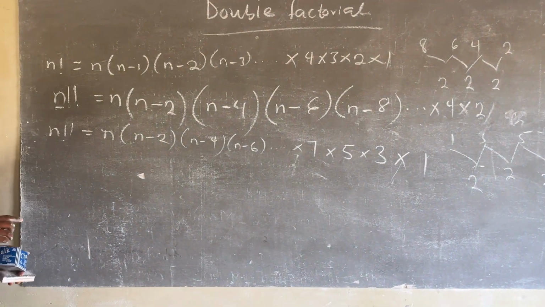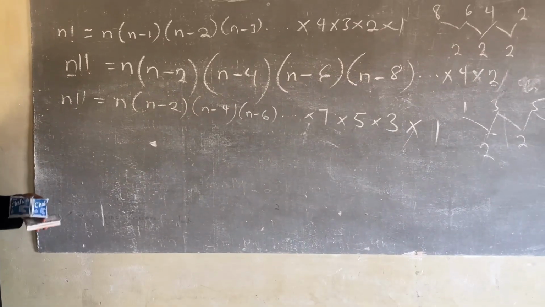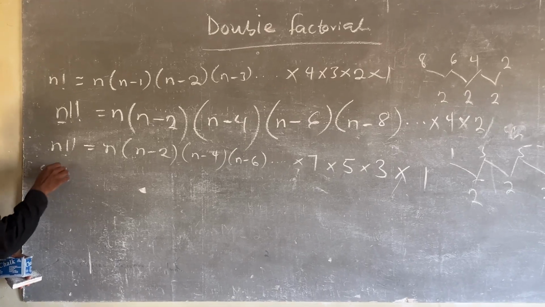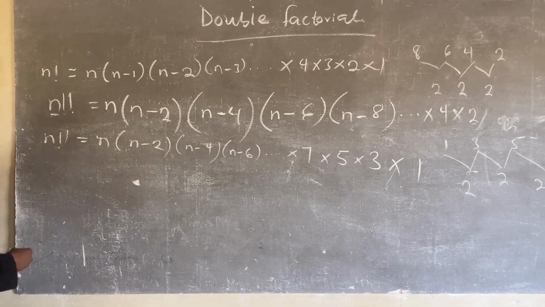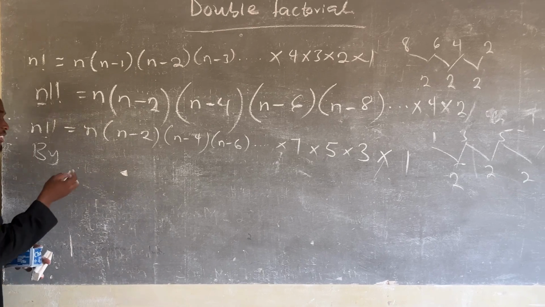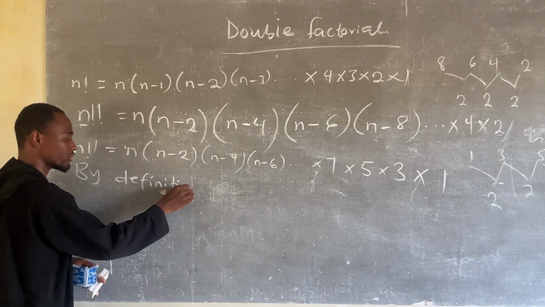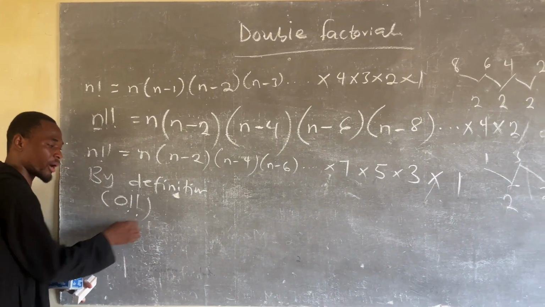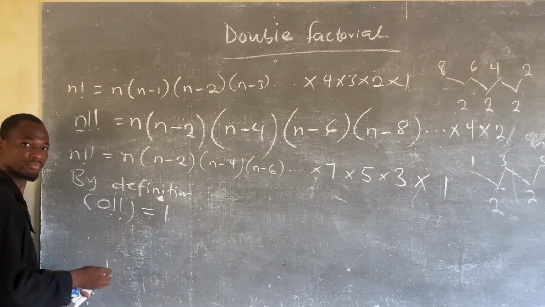So now, let us work out for double factorial. But before that, by convention, or by definition, 0 double factorial is defined and is equal to the number 1.